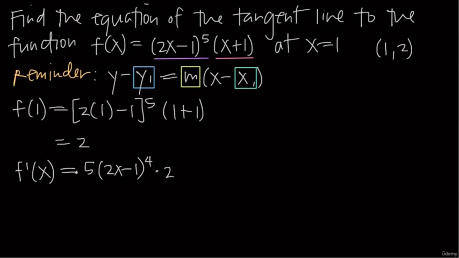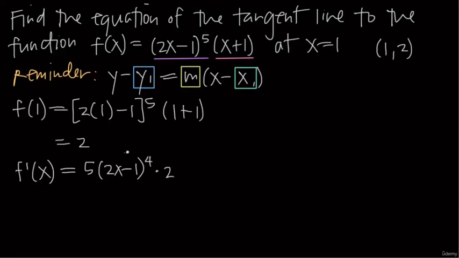And the reason that this is the derivative of 2x minus 1 to the fifth is because we use chain rule. So to use chain rule, we bring the exponent, the 5, out in front. We're taking the derivative of the outside function, leaving this inside function completely untouched, and then we subtract 1 from the exponent. So 5 minus 1 gives us 4.